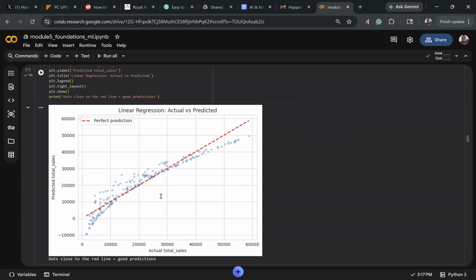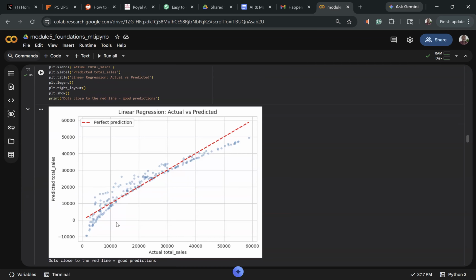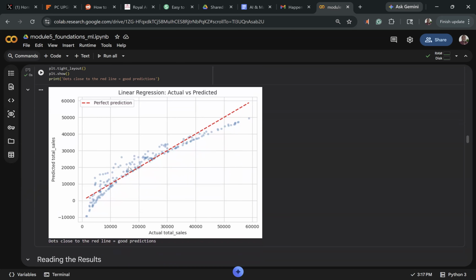So we have the actual total sales here and the predicted total sales. You see this line here is the model, the predicted model. So all the rest here are the data points. The closer the data point is to this line, the better the model is predicting that data point.